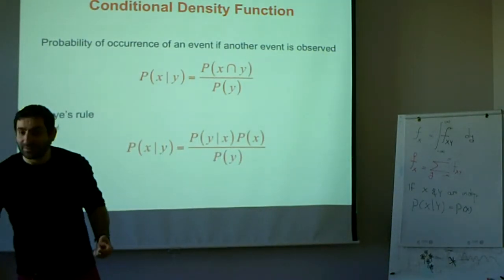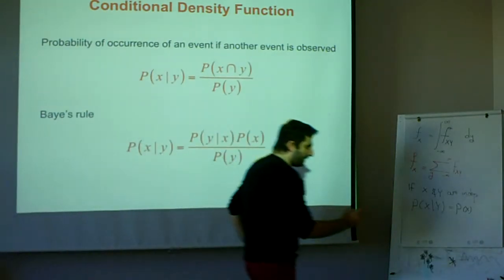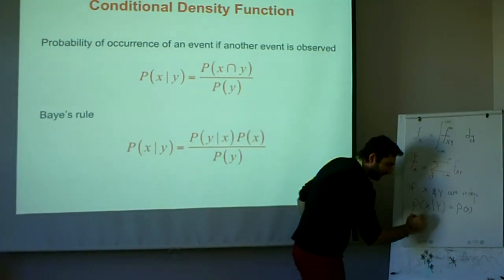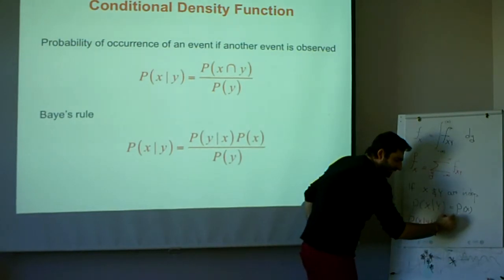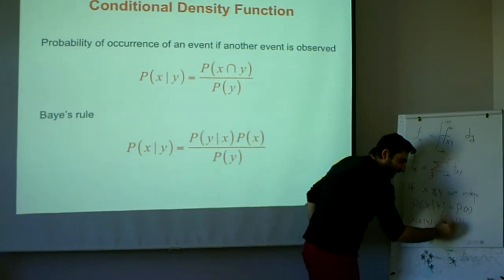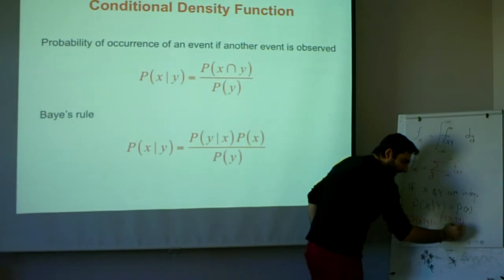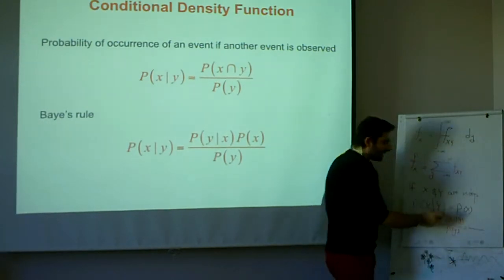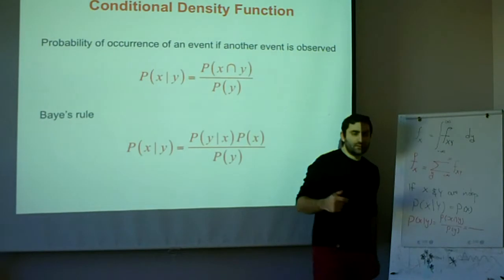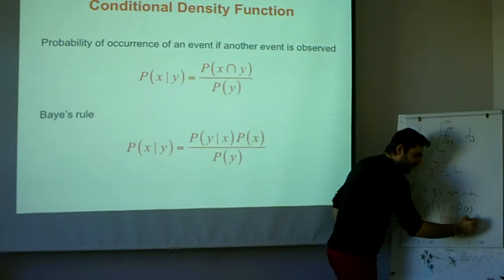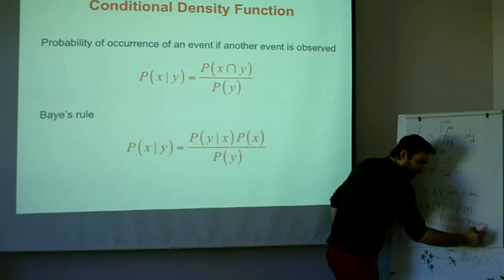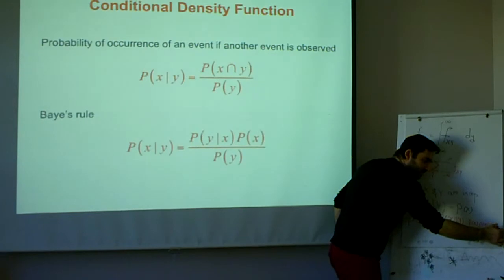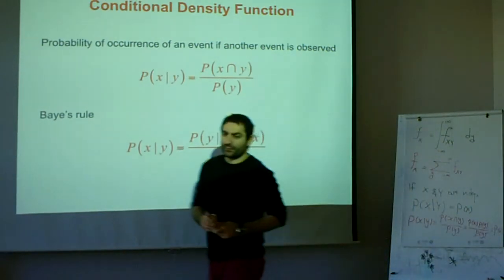But of course, mathematically we can prove it. How? The conditional probability says this is the probability of X intersected by Y divided by P of Y. Because X and Y are independent, in the previous slide we said that this is P of X multiplied by P of Y, divided by P of Y. So it will be P of X. So this is how mathematically we can prove it.